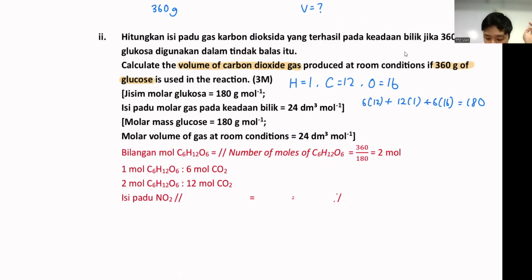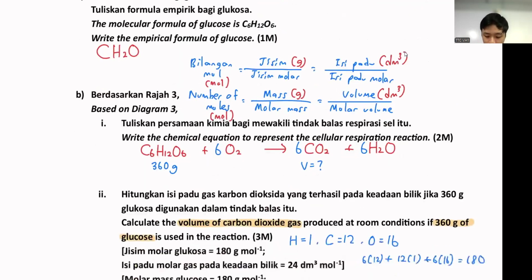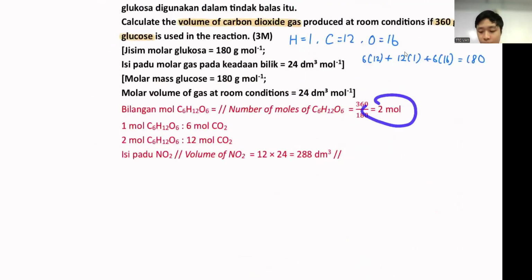Then you get the final answer, 288 dm cube. Always remember, the unit for mass is gram, for volume is dm cube in this case, and for mole it is mol. This one is the stoichiometric calculation.